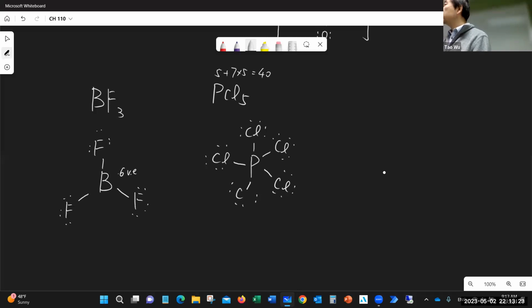The side atoms always have 8 electrons, always have an octet. If it's hydrogen, it always follows the duet. But central atoms could have less or could have more. So if you have some exceptions, the exception must belong to the central atoms.